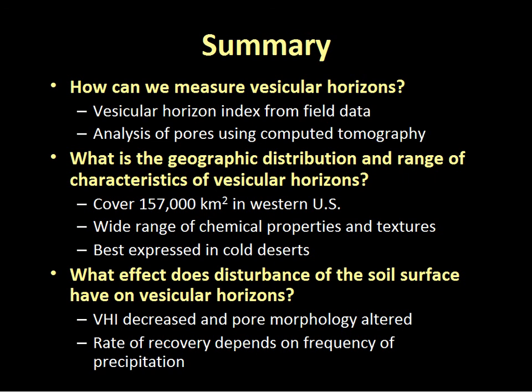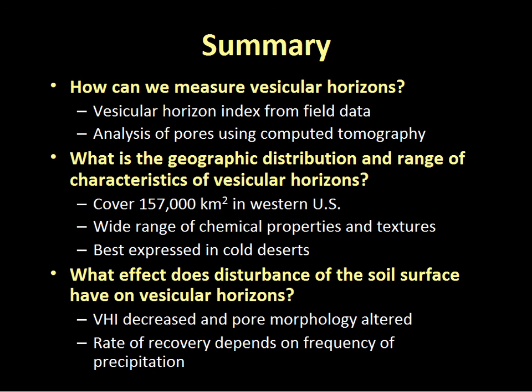And then one last question, which is kind of a two-part question. Is there a relationship between the normal wetting front and undisturbed vesicular horizon thickness? That I'm not sure about.